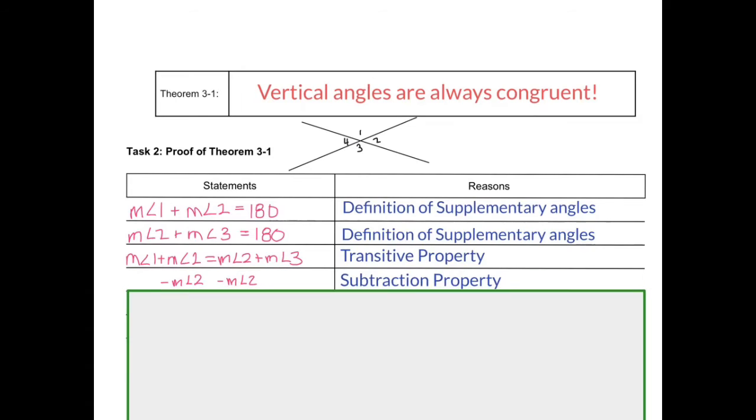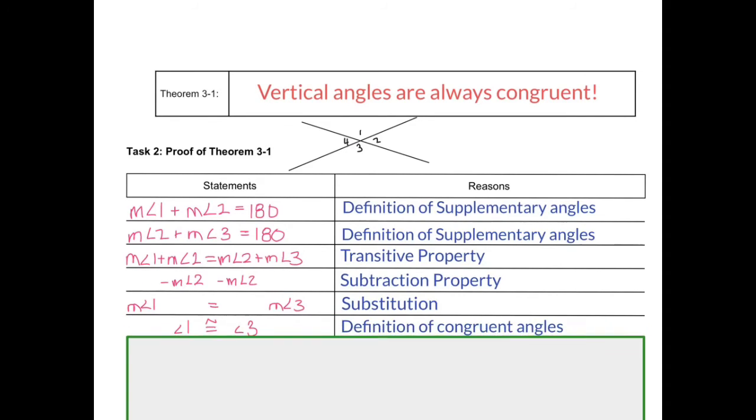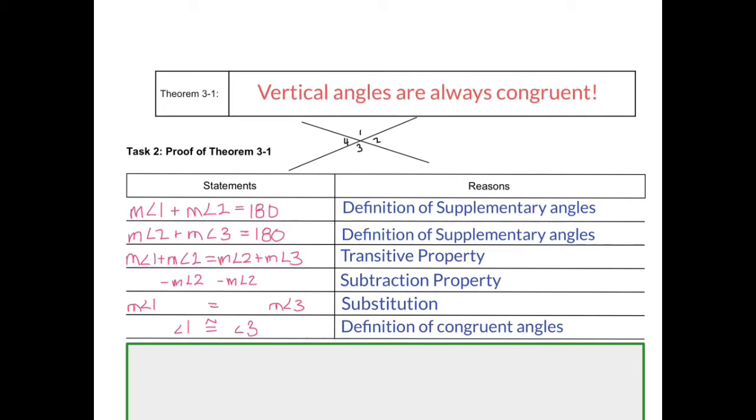From there, we can subtract the measure of angle 2 from both sides, so a little subtraction property here, a little algebra going on. And that leaves us with the measure of angle 1 is equal to the measure of angle 3, from substitution. Then we can say that angle 1 is congruent to angle 3 by definition of congruent angles.